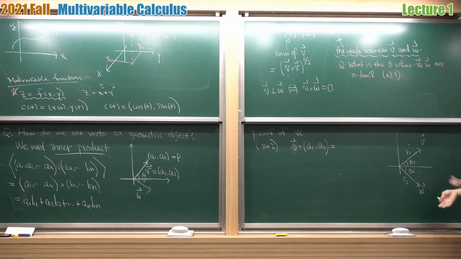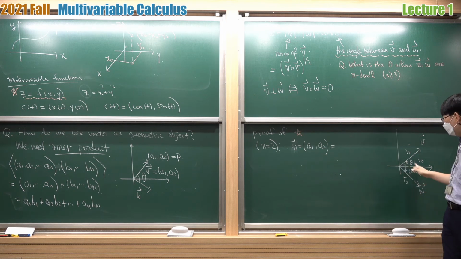Whenever I say I take the angle, I'm taking a counterclockwise orientation as the positive side. So I'm taking theta 1 measured from the positive x-axis counterclockwise, so it's going to be a positive value. And this W is measured from the positive x-axis clockwise, so this theta 2 is a negative value.